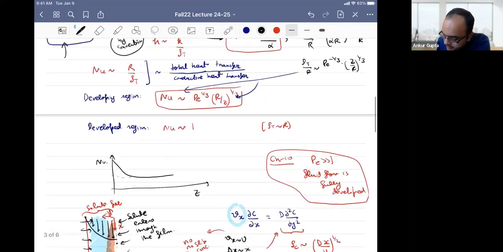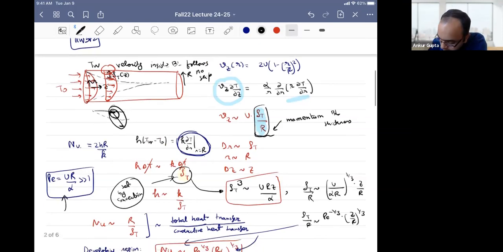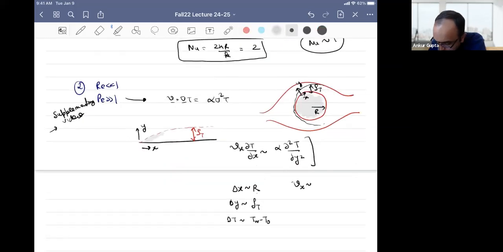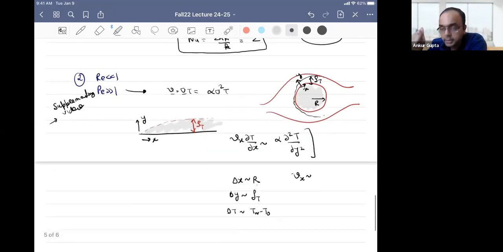Velocity will scale as... first we have to satisfy velocity inside the boundary layer. So we are thinking of velocity inside the boundary layer, right? This is the boundary layer, and it follows no slip, because it's a solid surface. By the way, this is a solid heated surface. So what is my momentum boundary thickness in this problem?